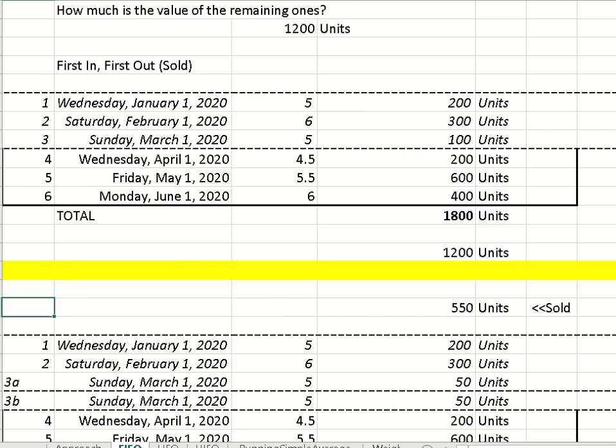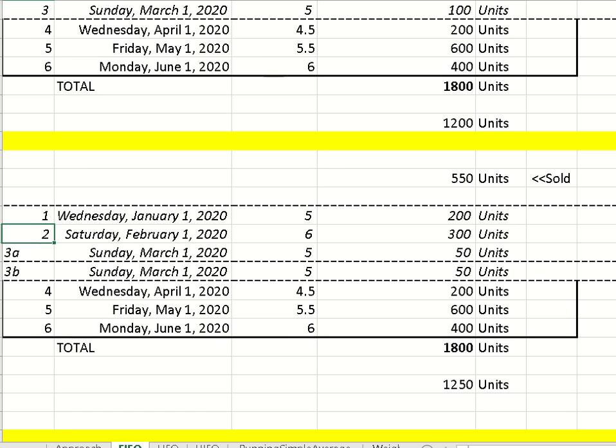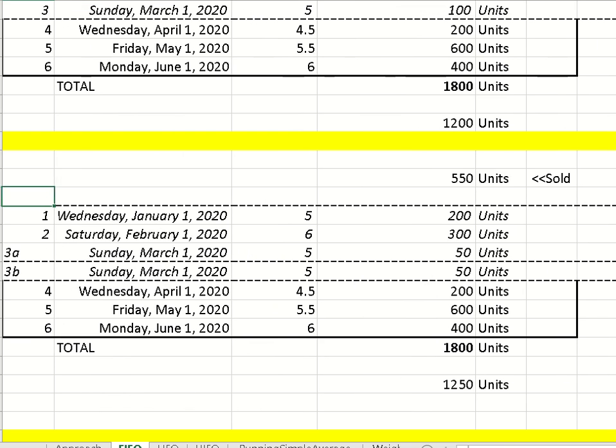Now, let's say you sold 550. So if that is 550, how much would be the remaining ones? The remaining ones would be 1,250.